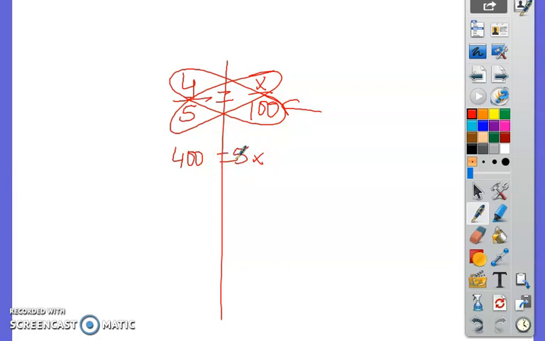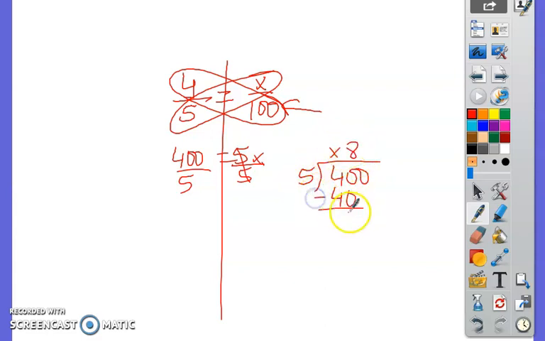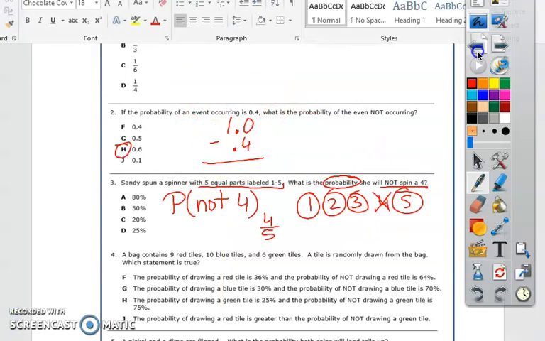If you already know 4/5, by the way, that's fine. Divide by 5, divide by 5. Five into 40, 8, 40, 0. I'm not done. 5 into 0, 0. So 80%. So that would be A.